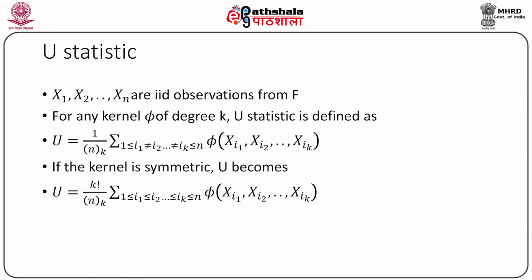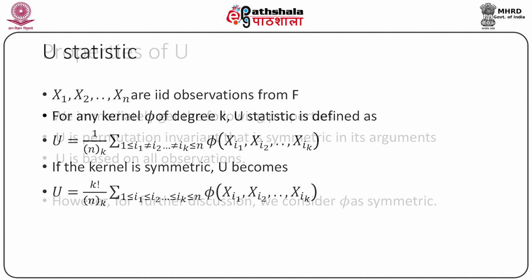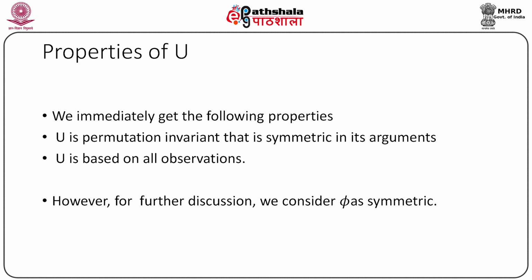For each set of observations, we can calculate the value of the kernel phi. A U-statistic is the average of all such values. Therefore, U-statistics are often called generalized means. Clearly, U-statistics are permutation invariant and based on all observations.